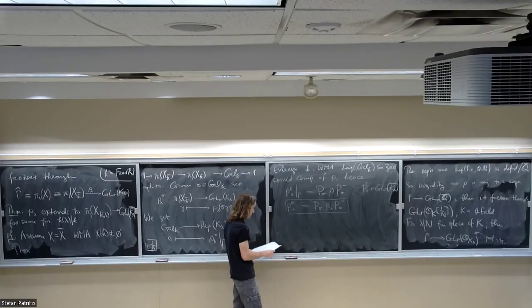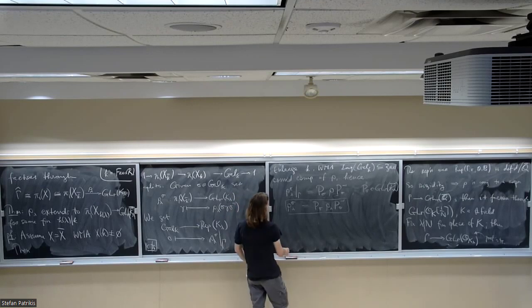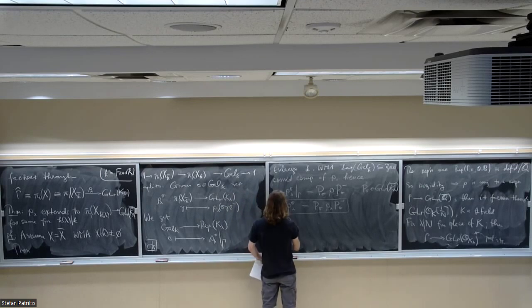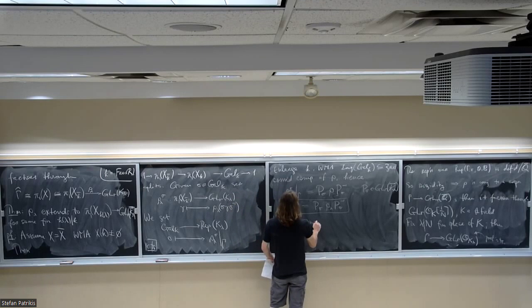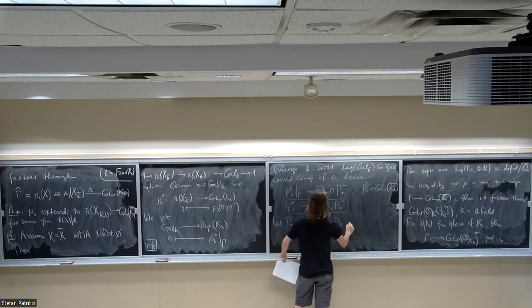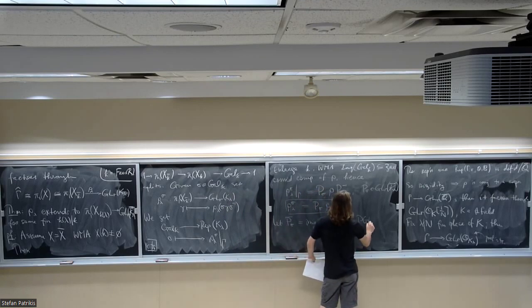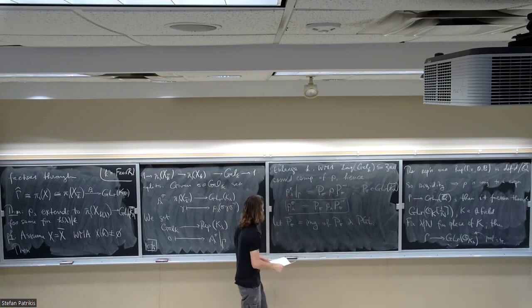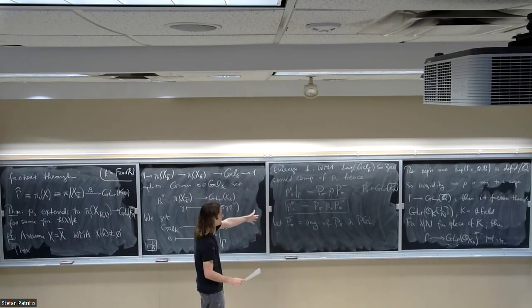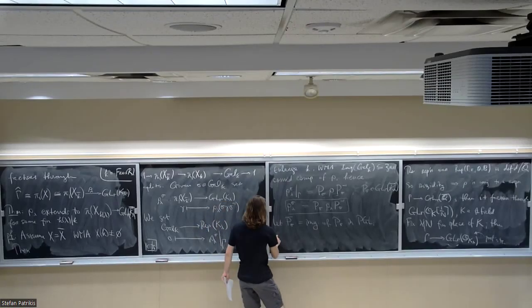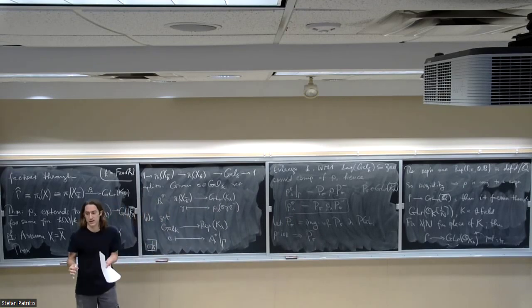So now we want to descend. I'll use this P sigma bar for the image of P sigma in PGL. The reason to do this is that because of the irreducibility of rho, this implies that there's really just one possibility for what this P sigma bar could be.